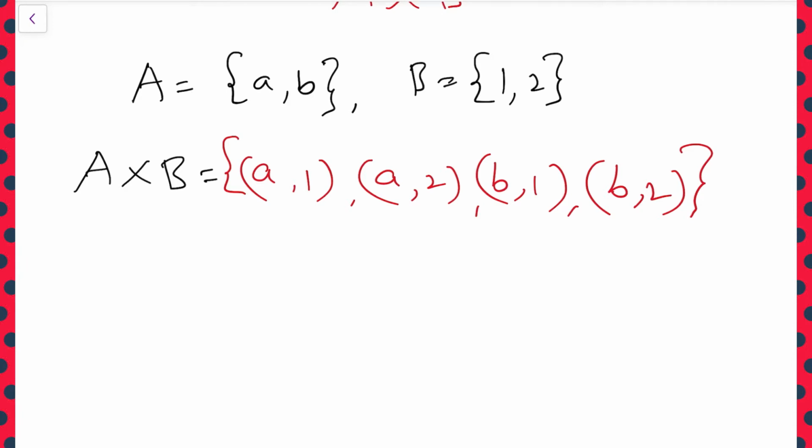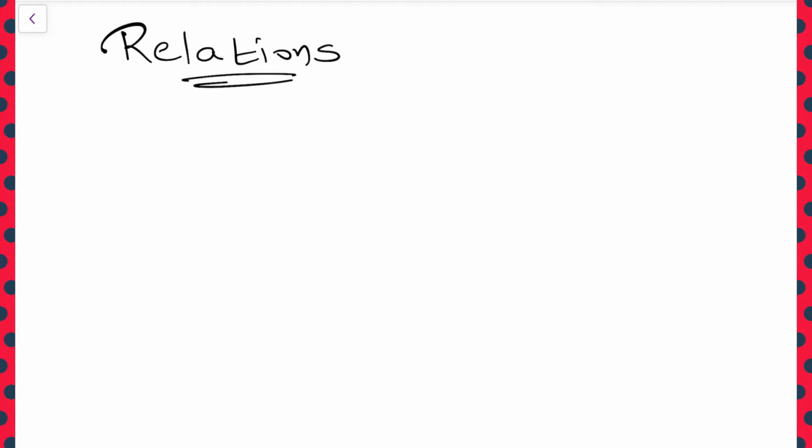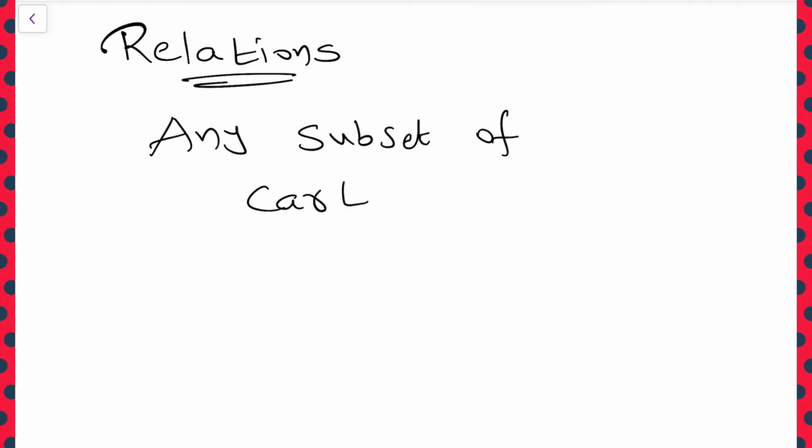Next, relations. What is a relation? Any subset of the Cartesian product is called a relation. Let us take one example for it.